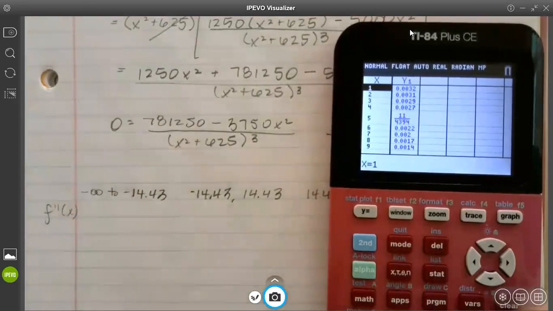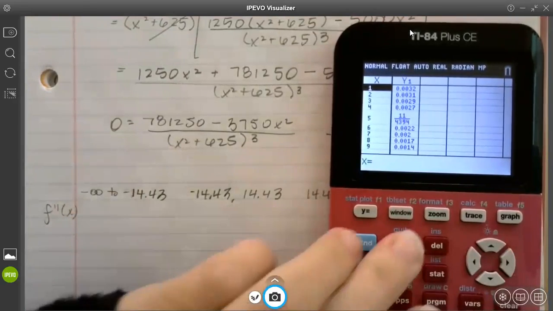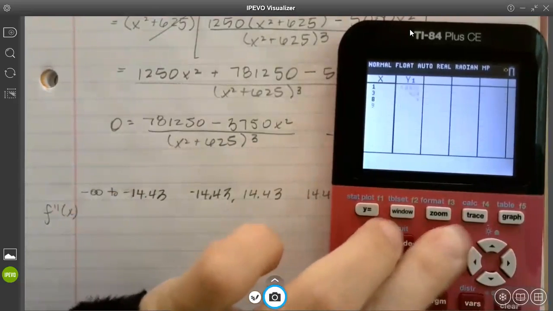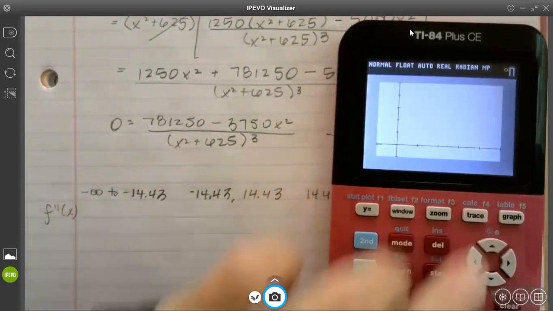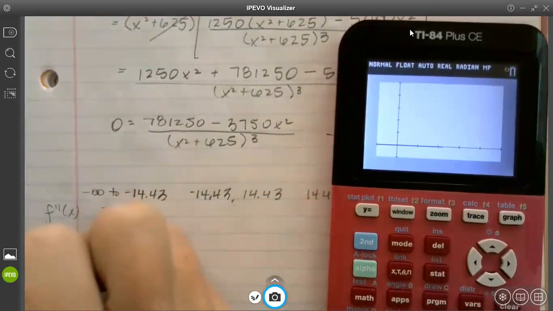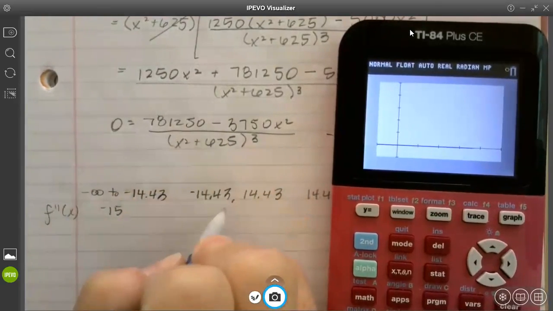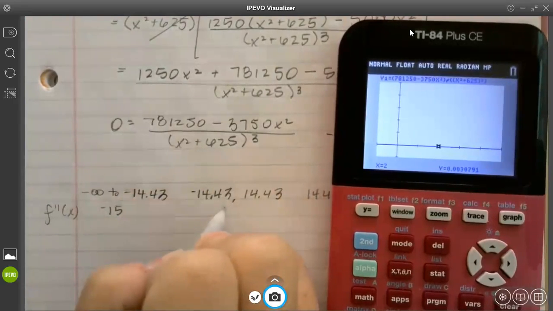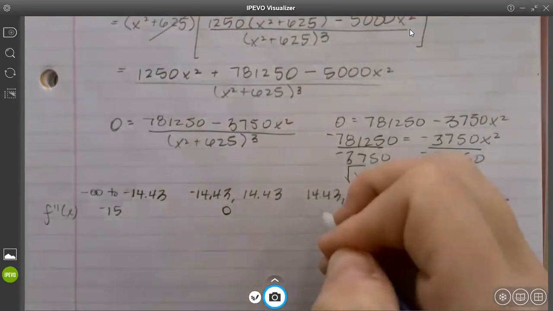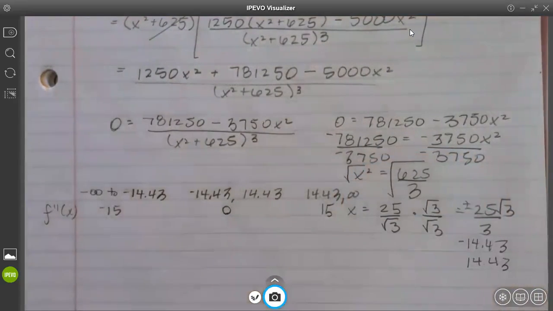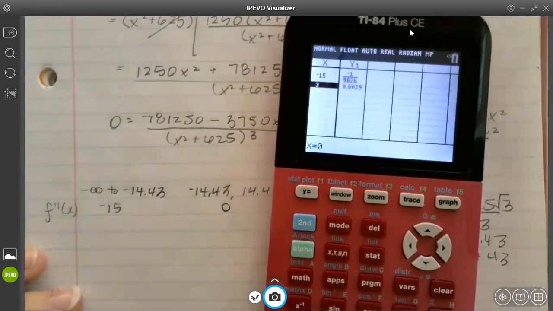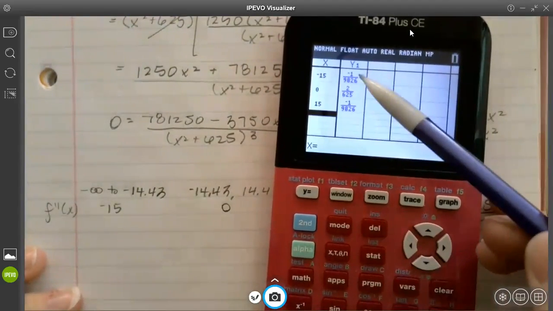What am I going to plug in? Oh my gosh, hold on, y'all. I'm sorry. Negative 15. What else? Make it easy. 0. And then 15. Negative 15, 0, and 15.